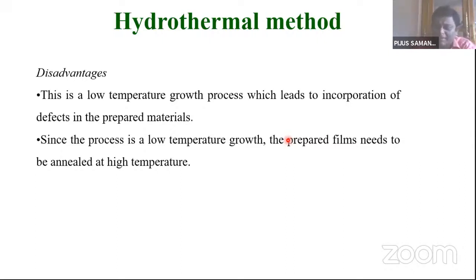So to remove these defects, we have to anneal, or we have to heat this sample to high temperature so that the defects and faults get reduced. So this is one of the disadvantages. Otherwise, this method is quite cheap to be used in our ordinary physics or chemistry laboratory very easily.